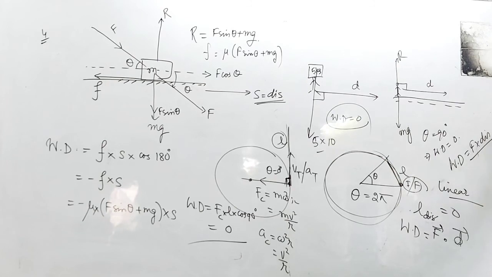That means the area of the graph, like length into breadth; length is denoted by force and breadth is denoted by displacement. So the area will give you the work done.